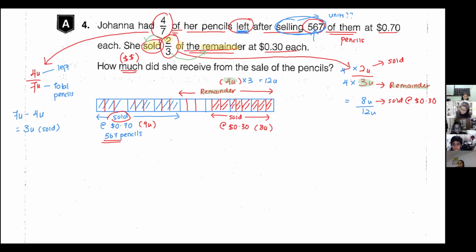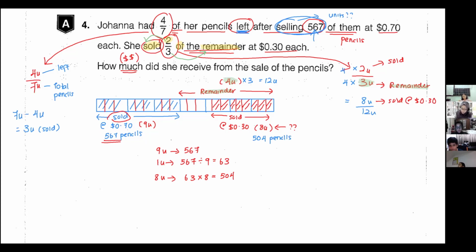Okay. So what I can do is I can find out 1 unit is 567 divided by 9, and that will give me 63. I need to find this one first. How many pencils were sold at 30 cents, which is 8 units? So 63 times 8 equals 504. So I know that over here I have 504 pencils that were sold at 30 cents.